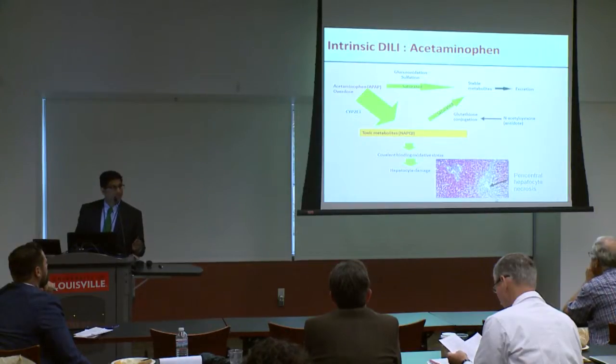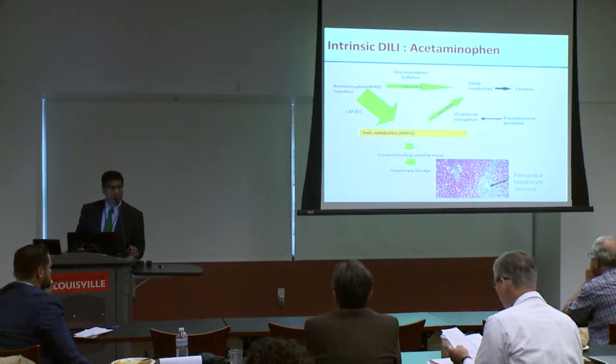So it is pretty obvious. Patient gives the history, liver enzymes are markedly elevated, and if we end up doing a liver biopsy, you see a characteristic change. There is an antidote to replete the glutathione, to stop this pathway and to make the pathway go towards excretion.